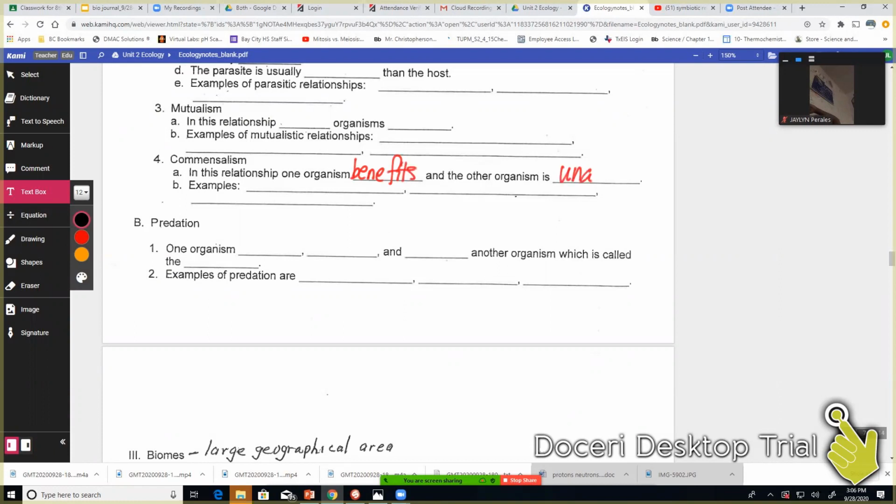So it's not hurt, it's not helped. So a perfect example of this would be a bird's nest in a tree. The bird's being helped because that nest is up away from predators. The tree's not being hurt or helped.